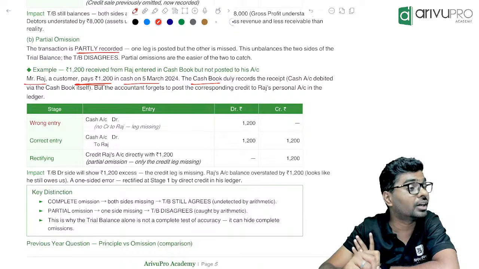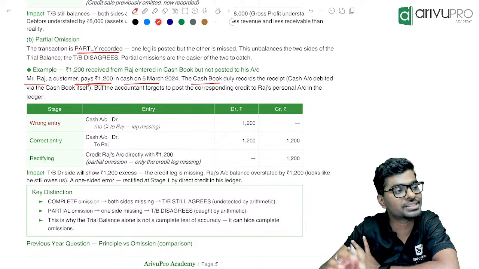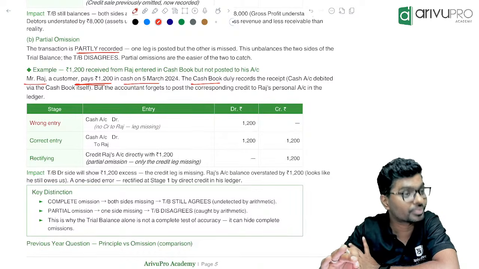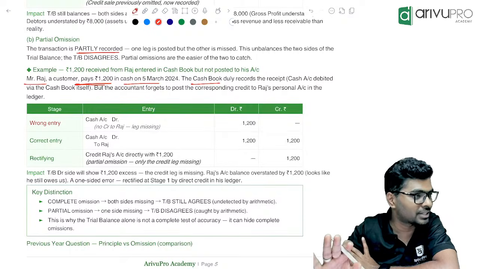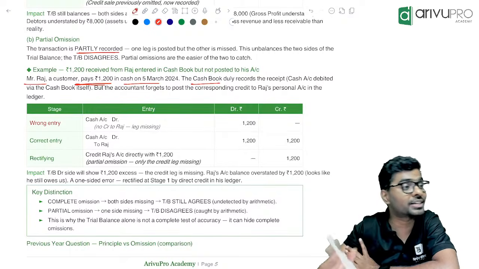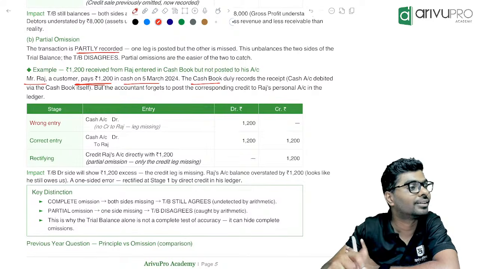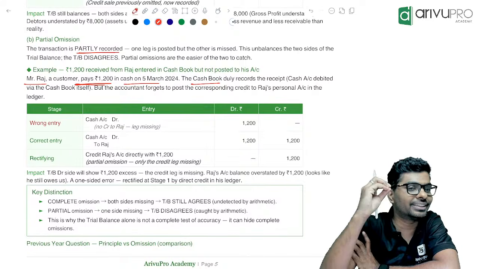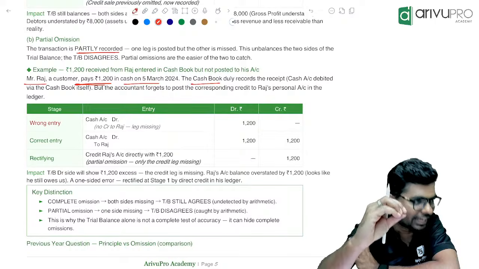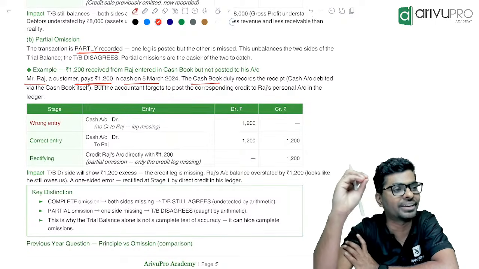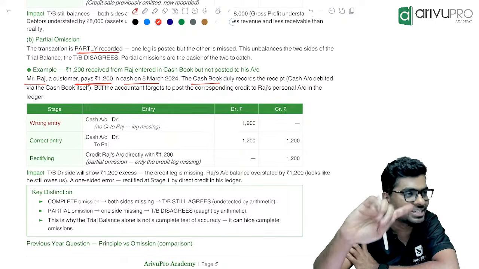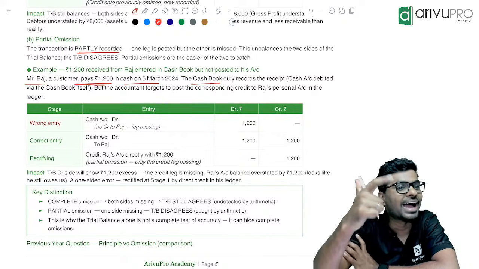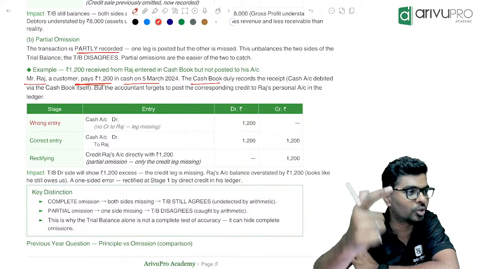Can I say journal entry is passed? Can I say cash book ledger is also passed? I have entered in the cash book. So can I say the cash journal entry as well as the cash ledger account are both passed?